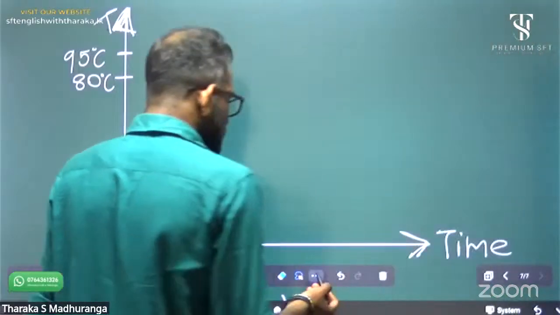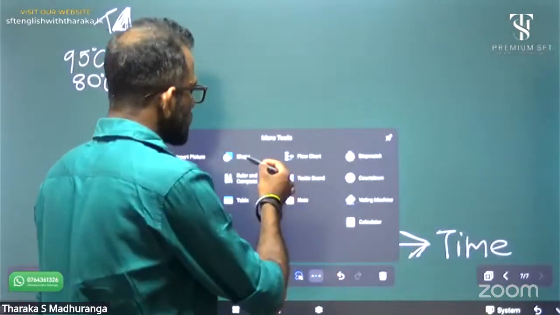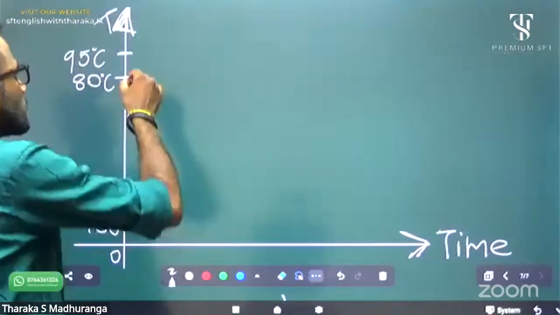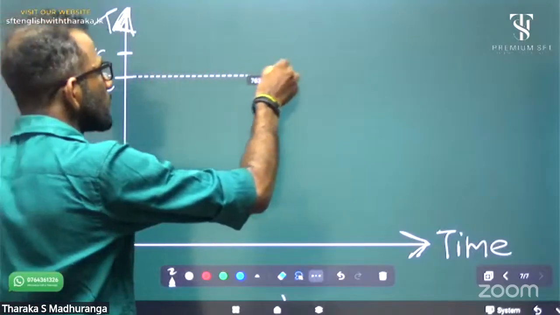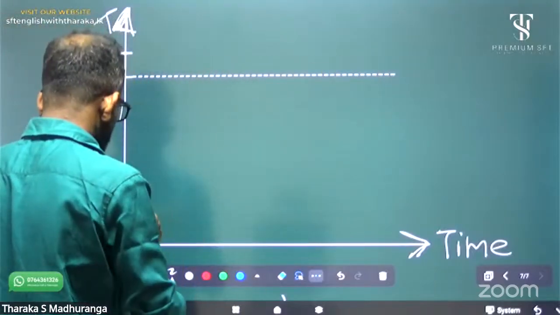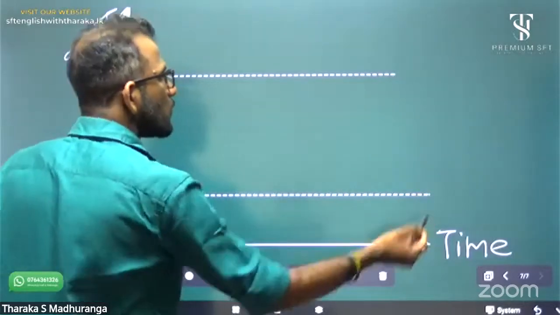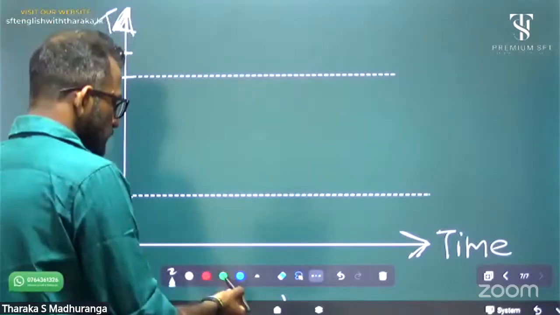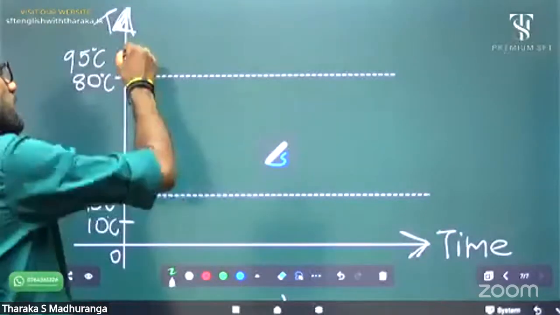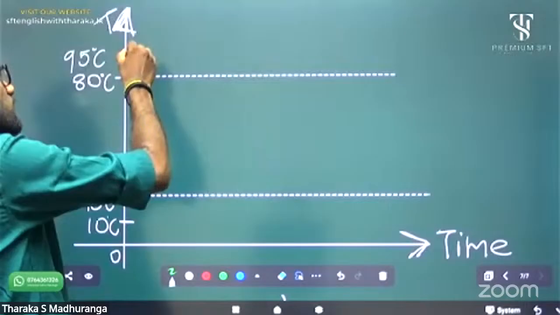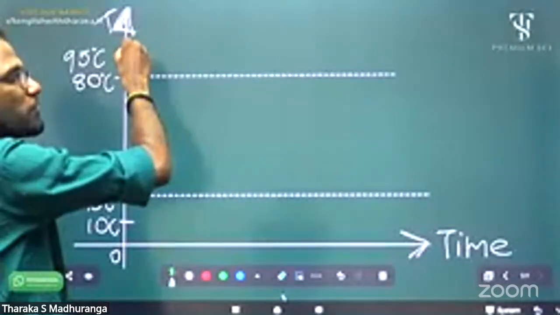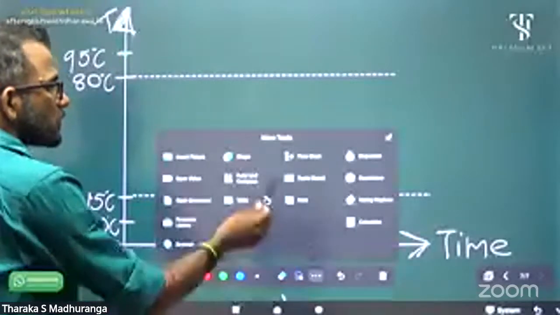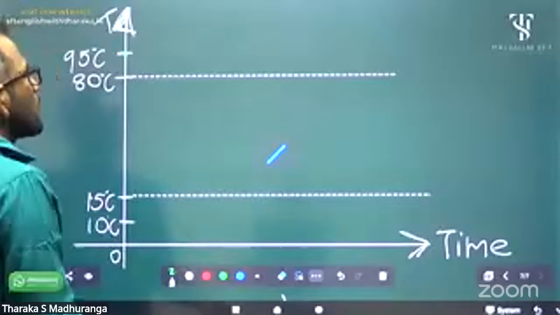In this journey, it passes two specific points, the melting and boiling points. At 0 seconds, the initial point, it starts from 95 Celsius gas.